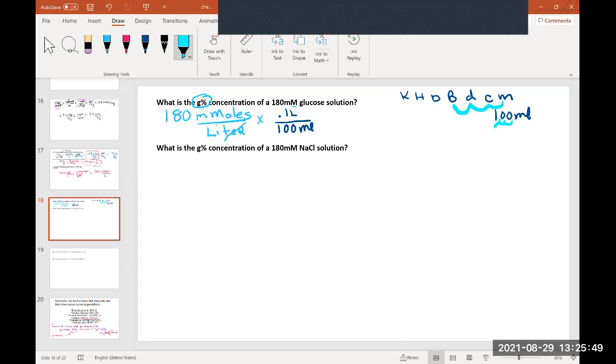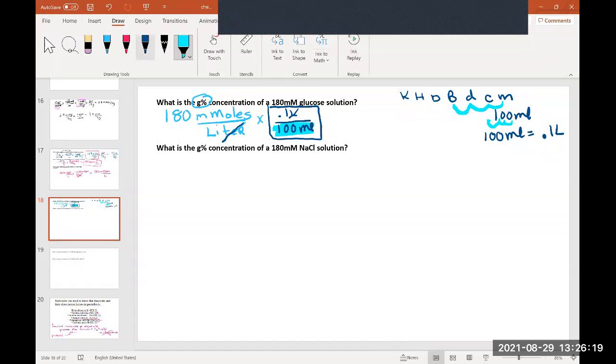So 100 milliliters equals 0.1 liter. And that's what I've written here. Notice that my liters cancel. And you want to make sure you keep this 100 milliliters. Do not divide by 100. Keep that there. Do not touch that.